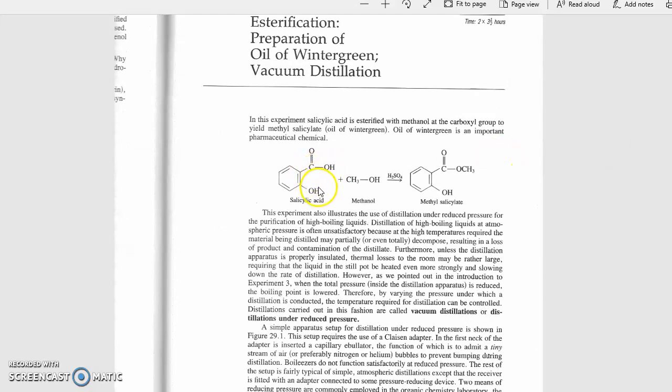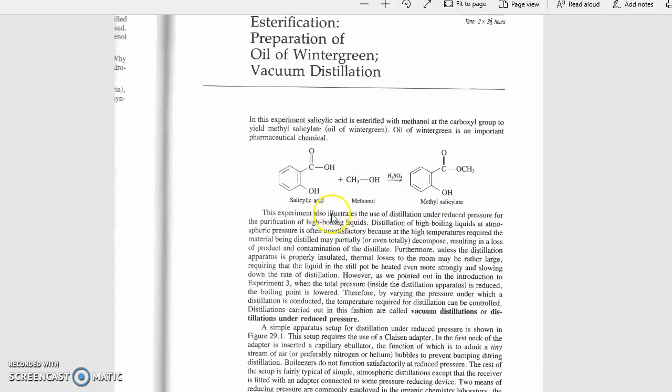Here, instead of replacing this H right here with an ester, what you're doing is the more common reaction, taking the H of a carboxylic acid and reacting it with an alcohol, and then this portion of the alcohol replaces that hydrogen right there, and you get water out as well, right?